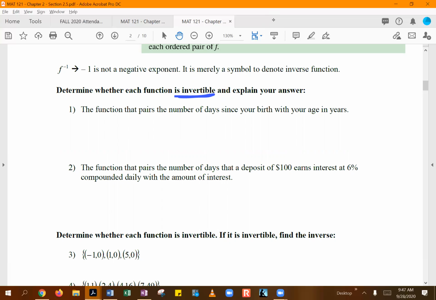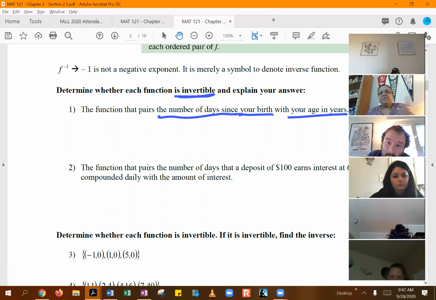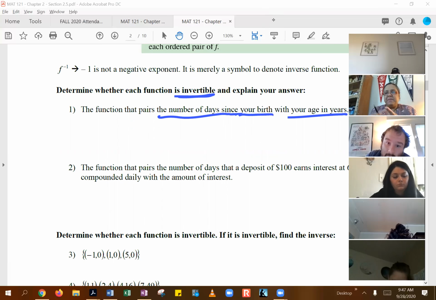That means first we have to see, do we have that one-to-one correspondence between our 2 variables? This is talking about a function that pairs the number of days since your birth with your age. Just think about it, for the same Y value, can we have 2 different X values?